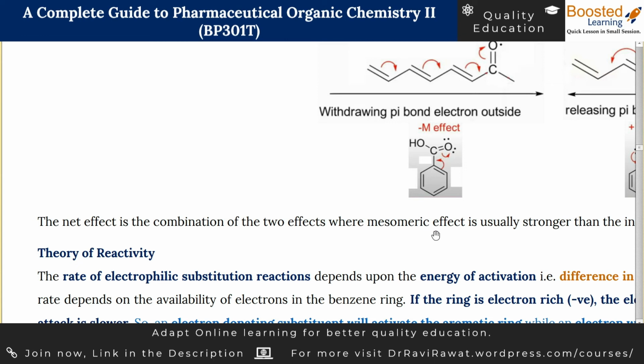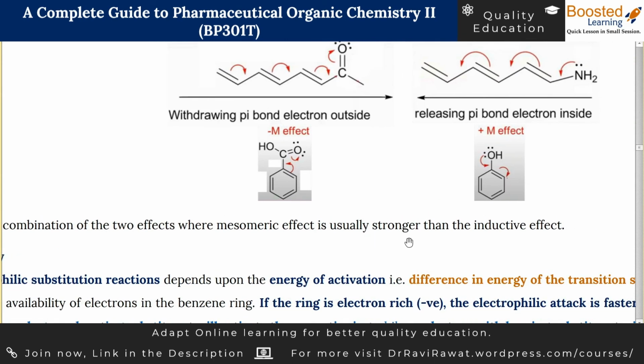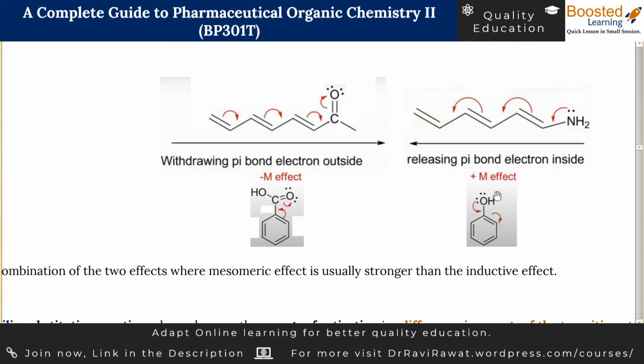And usually it is seen that the mesomeric effect is stronger than the inductive effect. So hydroxy group, I know that it is negative inductive effect but positive mesomeric effect, but the net effect would be based on the positive mesomeric effect. The hydroxy group is going to be electron donating. It is going to be an activating group.